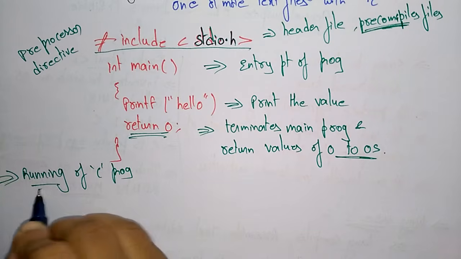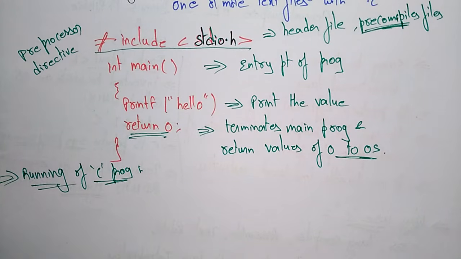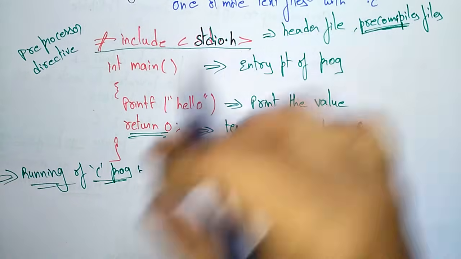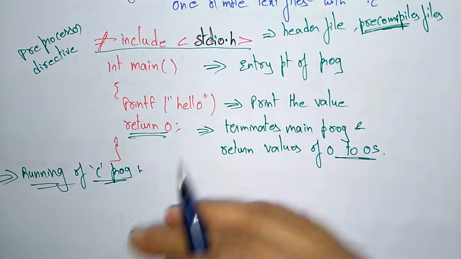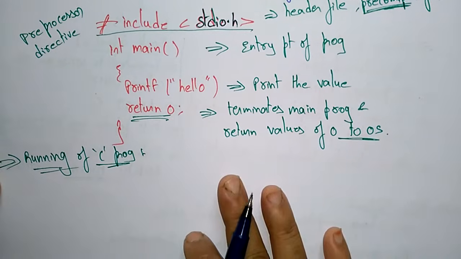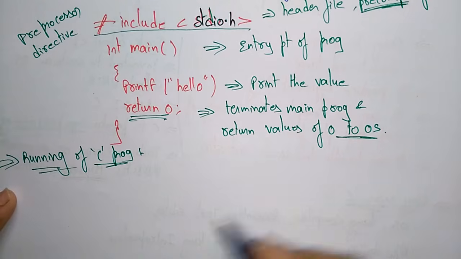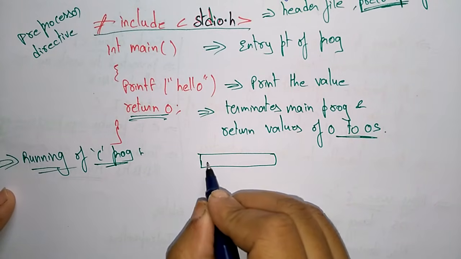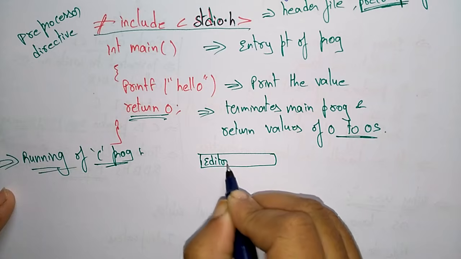So up to now I explained what the C language is and what the facts in the C language are, and I took a simple template of a C program, and how after writing the program it will be run. Okay, first you have to save the program. This is the editor or IDE where you write the program.